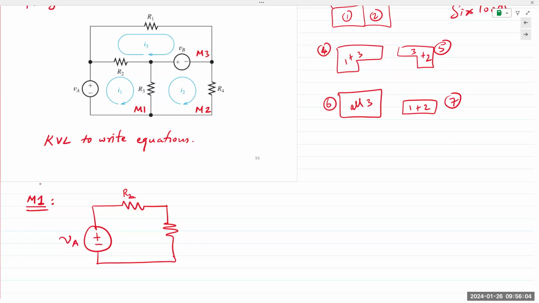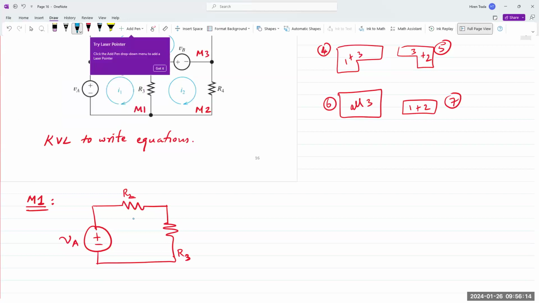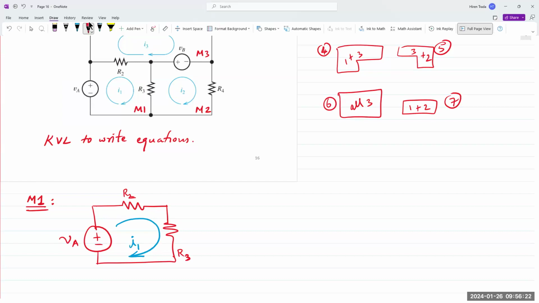This is R3, but I'm going to write R3 here. And then, of course, I have my mesh current I1.